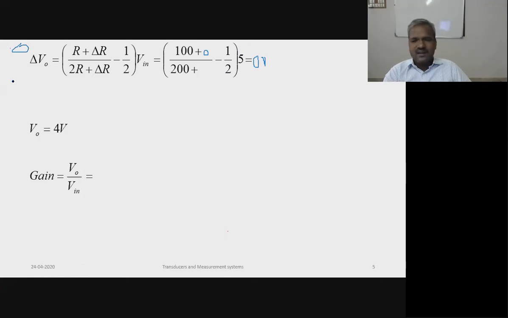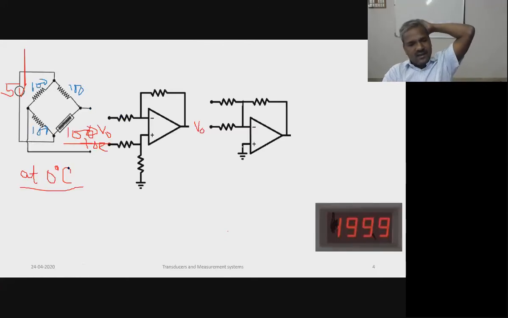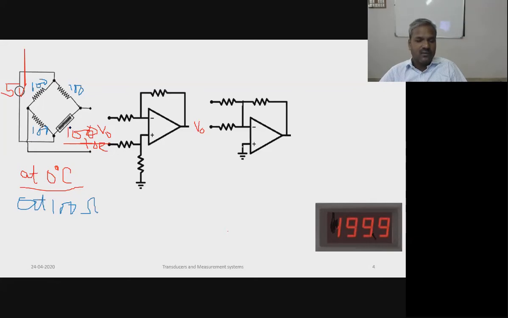Now at 100 degrees Celsius, what is the resistance of the RTD? If you consider the sensitivity of the RTD is 0.4 ohms per degree Celsius, then 100 into 0.4 is 40 ohm.